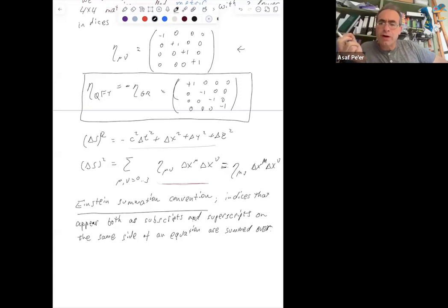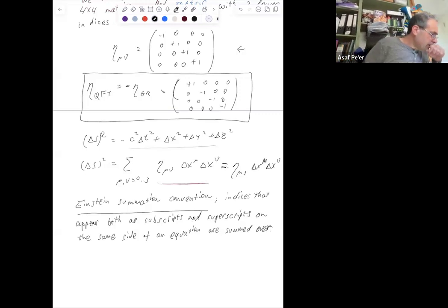If it appears more than twice on the same side, or it appears twice both as uppers or both as lowers, that means that you wrote the equation in the wrong way, so you have a mistake. Okay? That's what it means. Good?